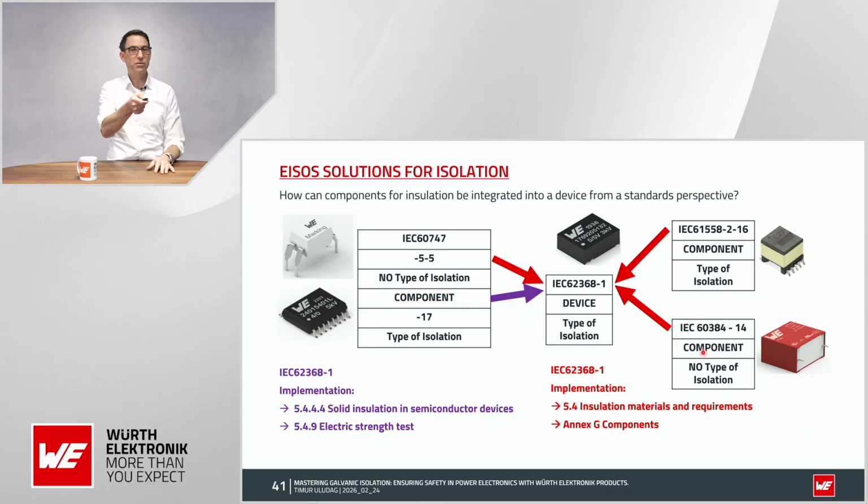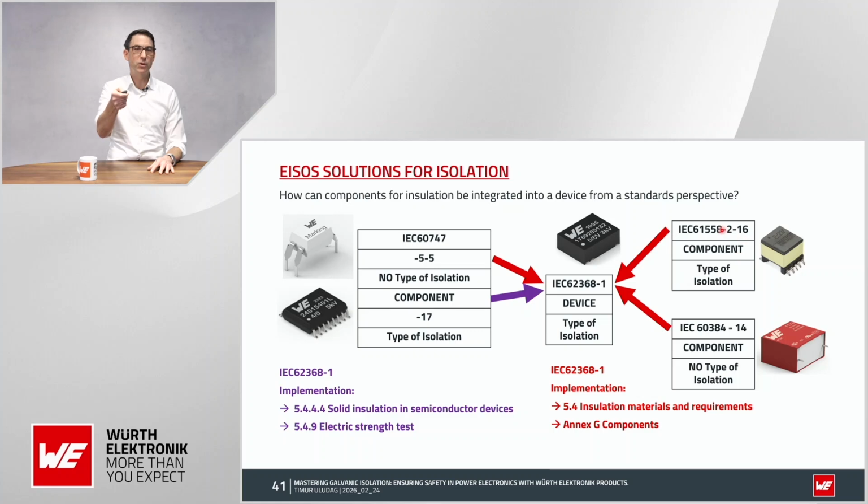The 62368-1 gives you the chance: there is an Annex G available in the standard about components, and in this annex you can find all the information you need to integrate the capacitor in the overall application.